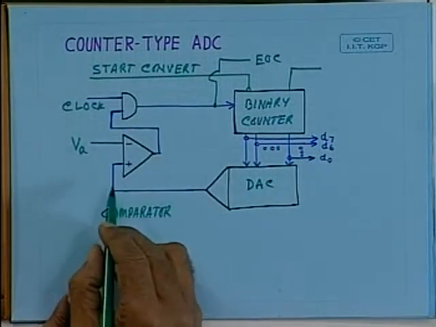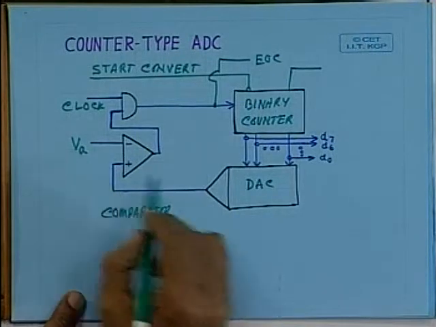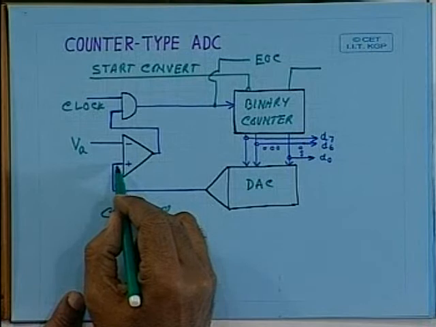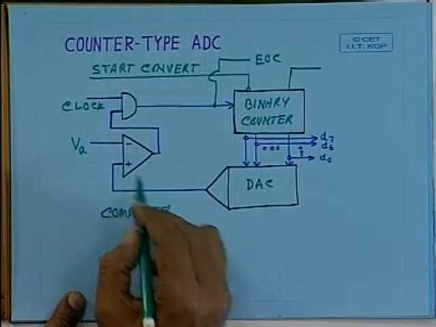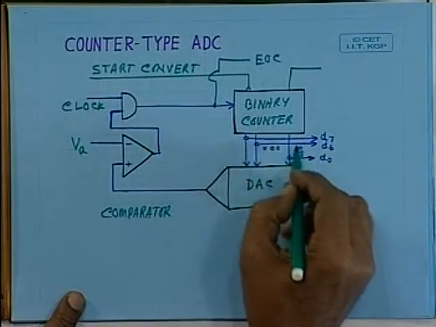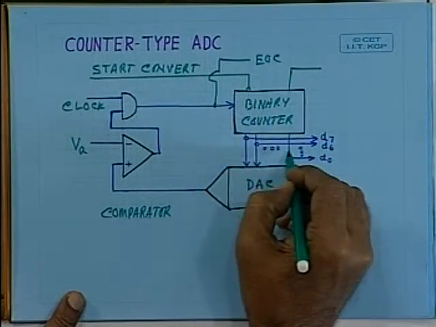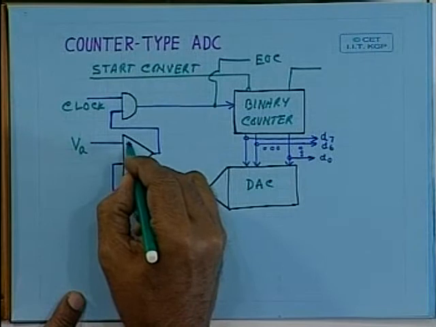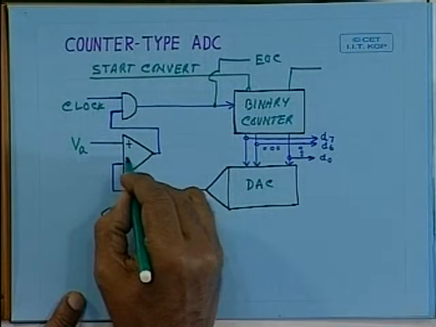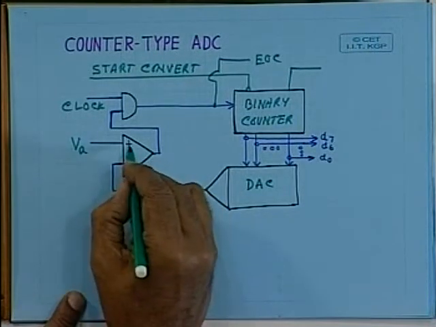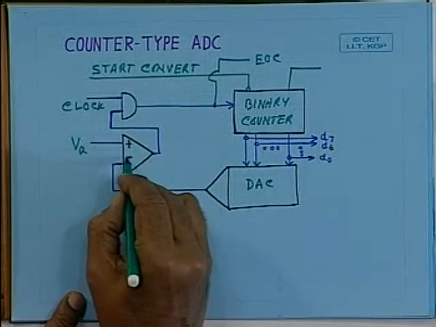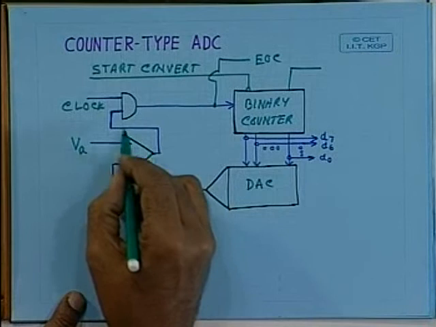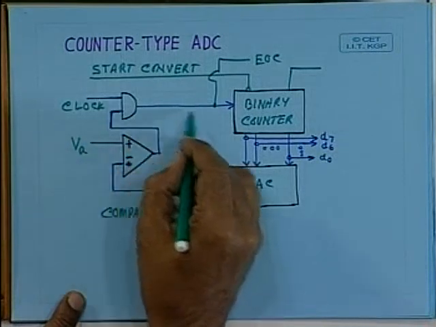Since the counter value is all 0, the DA converter output will be 0, and the comparator output will be 1. Actually, here this has to be positive and this will be negative. Since I have applied a positive analog voltage, this input will be 1 and the clock will be applied to this.